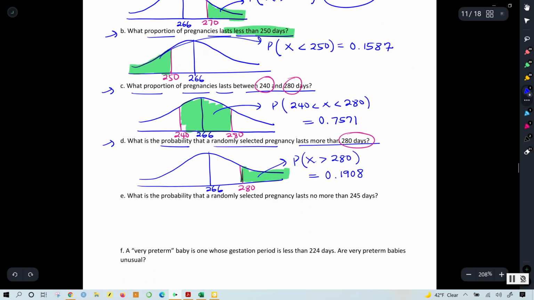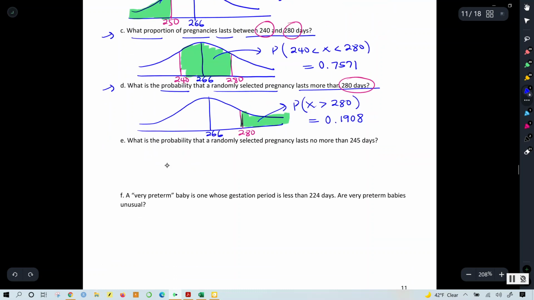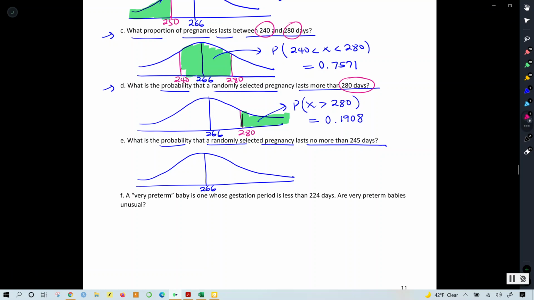And with that said, we proceed to question E. What is the probability that a randomly selected pregnancy lasts no more than 245 days? So I'm going to draw the normal distribution, and then indicate the mean, 266. Now I want the region that lasts no more than 245 days, so I will locate 245.